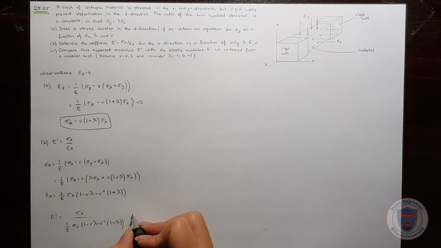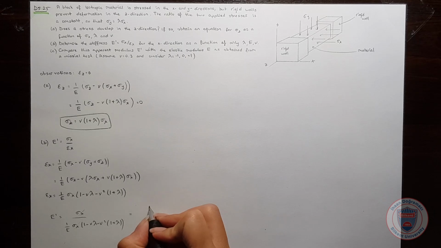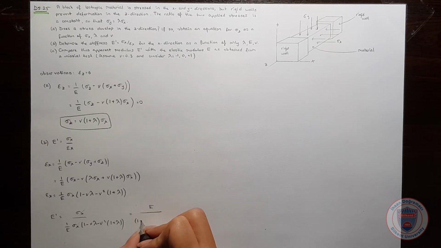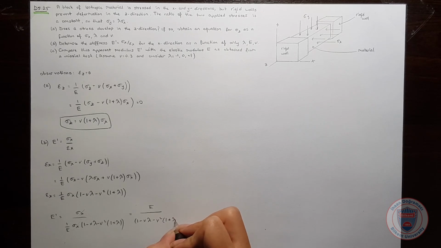And finally, we get E over 1 minus Poisson's ratio times lambda minus Poisson's ratio squared times 1 plus lambda. Let's move on to part C then.